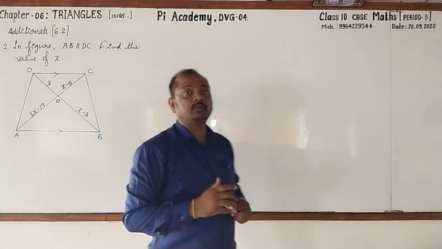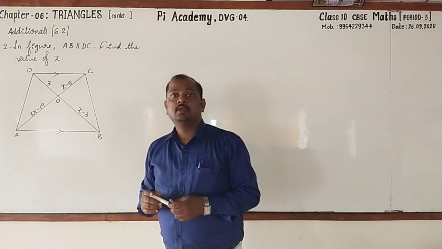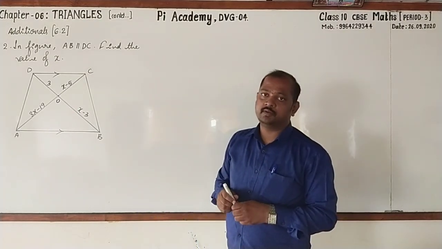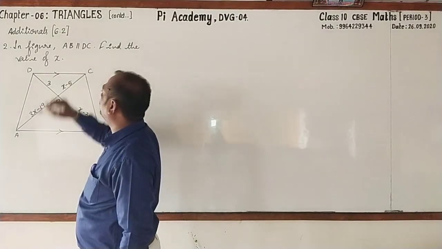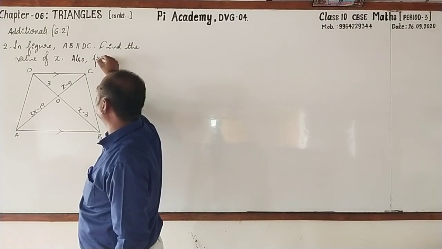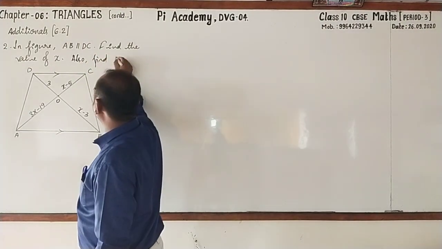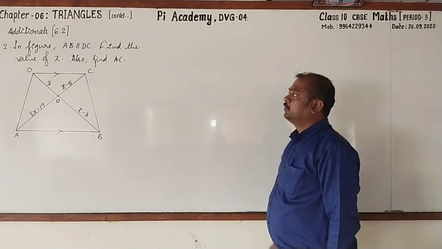Then we have to find out the value of x. Even there is a chance of asking find the diagonals as well. So here I write find the value of x, also find any one diagonal. I will take AC. Find AC. Just I have included one.